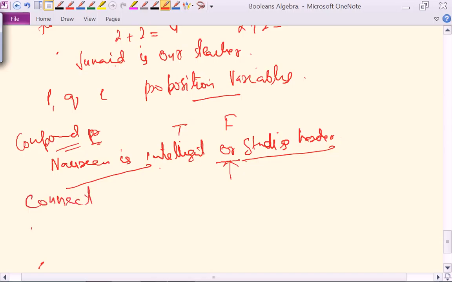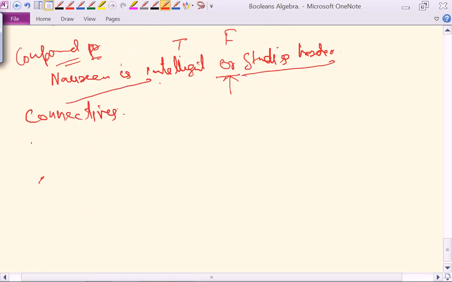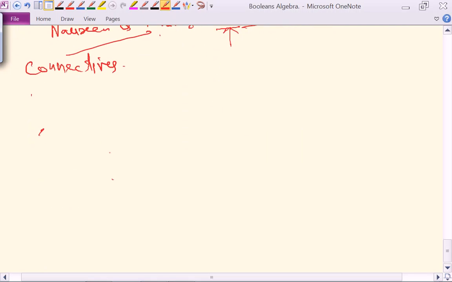You already know all these things, but just in different clothing. So we have a lot of connectives, like and, or, and negation. I have already shown the notations. We show negation like a tilde sign with the P. This shows negation of P. Sometimes we use symbols like this in discrete mathematics.